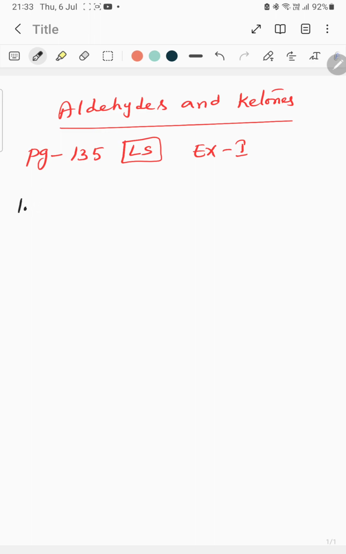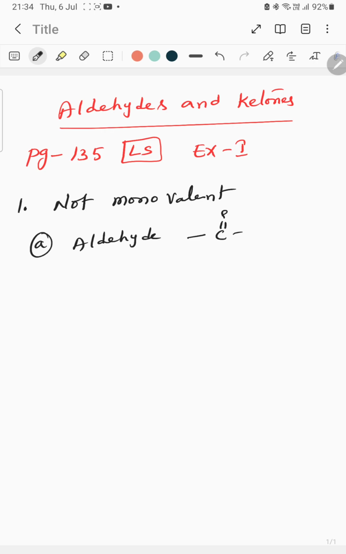The first question is, which one of the following is not monovalent? The given options are: A, aldehyde. What is the formula of aldehyde? C double bond OH.